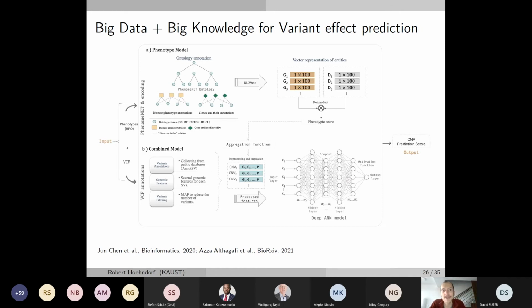So the phenotypes tell us what is actually observed clinically in one individual, and the set of variants are the set of genomic variants in this individual. So this is the input, and this is something that is obtainable, especially for rare disease patients in a clinical setting.